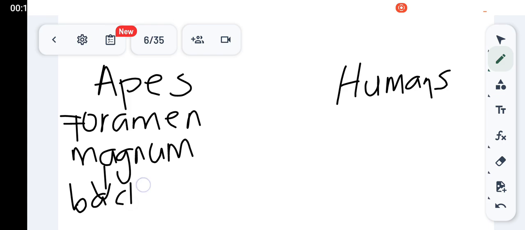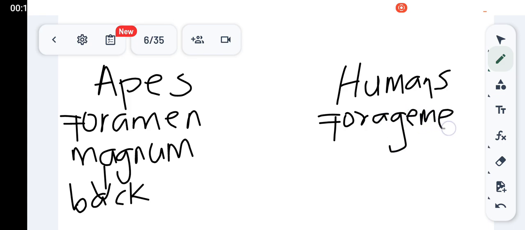And then for humans, the foramen magnum is positioned in front of the skull. So it is found in front, okay?